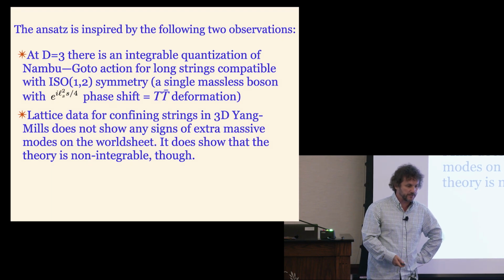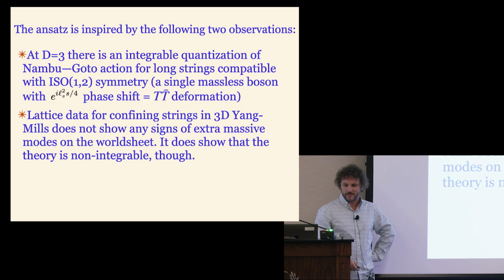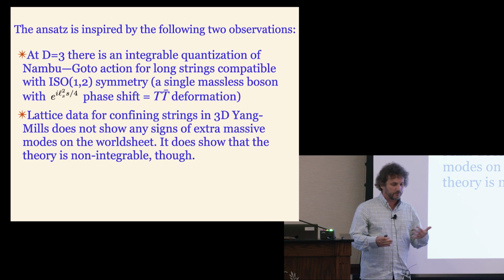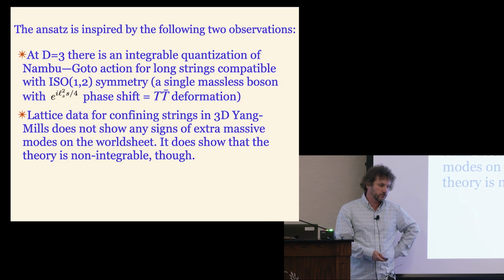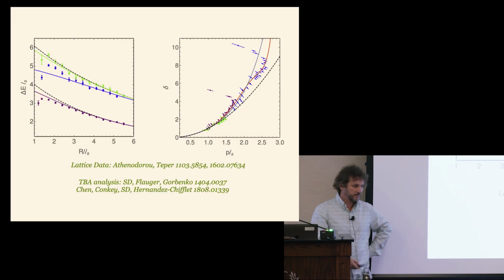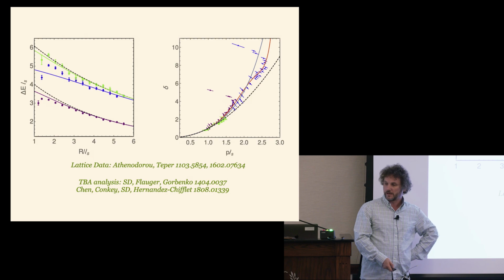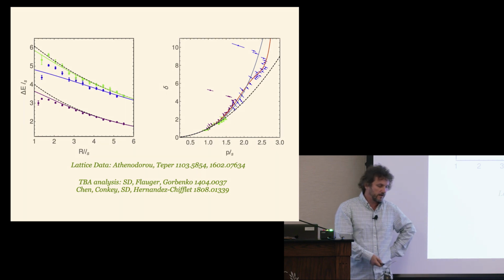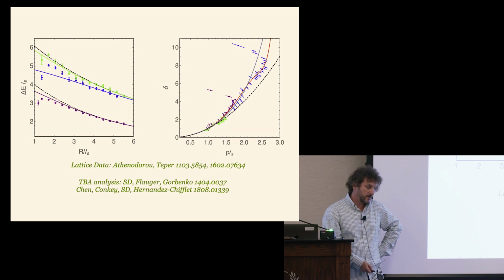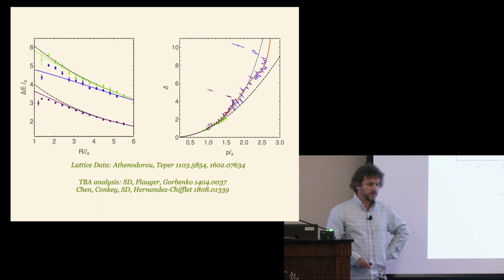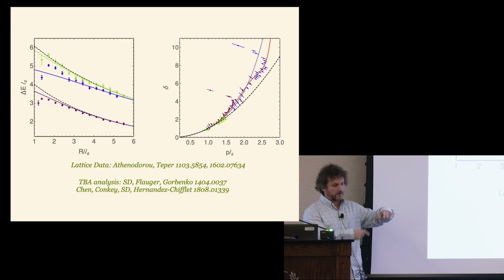So that's one observation. Another observation, just looking at the lattice data for the spectrum of confining strings, is that for D equals 3 they don't show any signs of additional massive states. It's different at D equals 4, but for D equals 3 there are plots like this. The left-hand side is a plot obtained again by Mike Teper by measuring excitations of long strings wrapped around a compact circle.